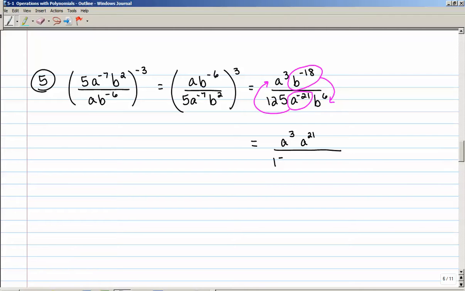On the bottom, my 125 stays put. My b to the 6th stays put, but this b to the negative 18th on top moves down and becomes a b to the positive 18th. Let's clean that up a little bit. That's going to give me a to the 24th, adding my exponents, over 125, b to the 24th, again adding my exponents.